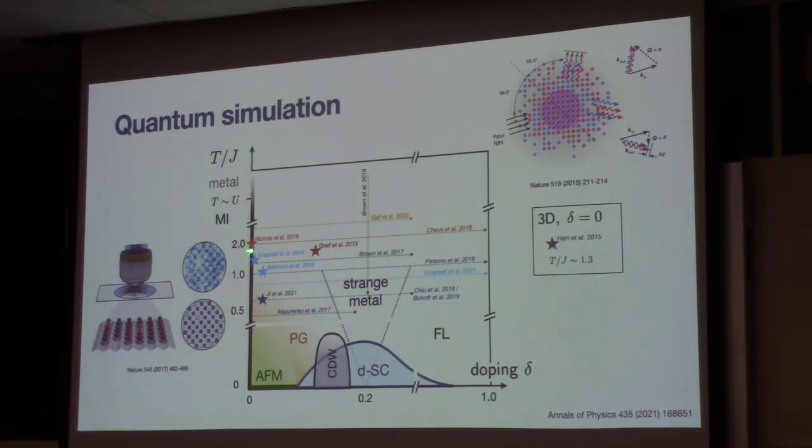The stars here and the lines correspond to what different experiments have done in recent years. So most of them start around like 2013, and I think the last one they had here was like 2020. So these things have been done in 2 dimensions, where people use a quantum gas microscope.